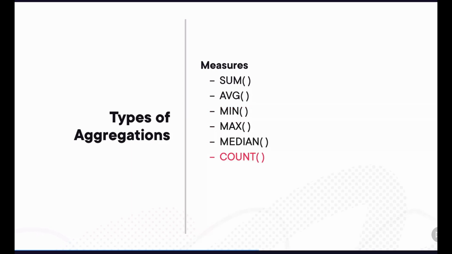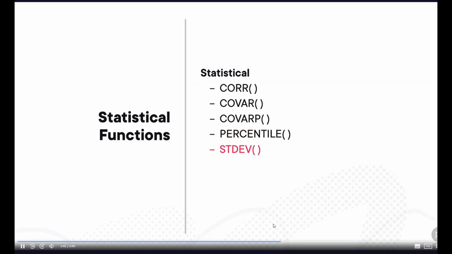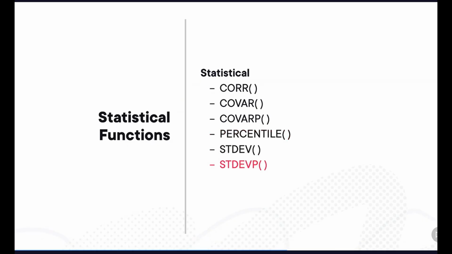And for measures, there are various aggregation options. Some of the most common aggregate functions are sum, average, min, max, median, count, and count distinct. Statistical functions like correlation, covariance, population covariance, percentile, and standard deviation are also supported in Tableau.